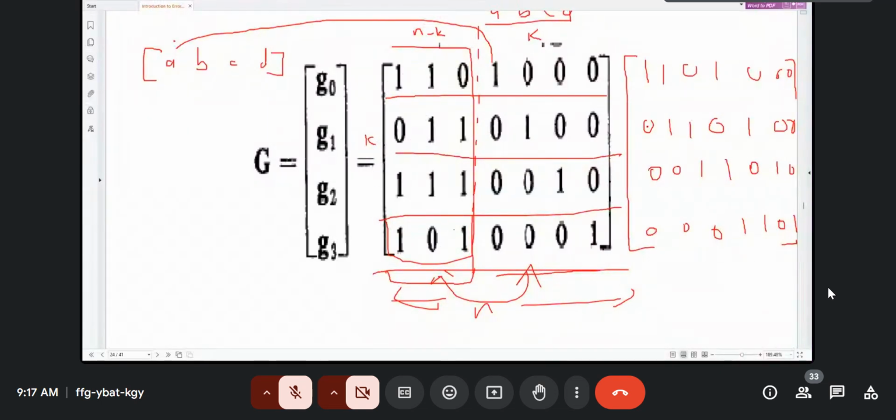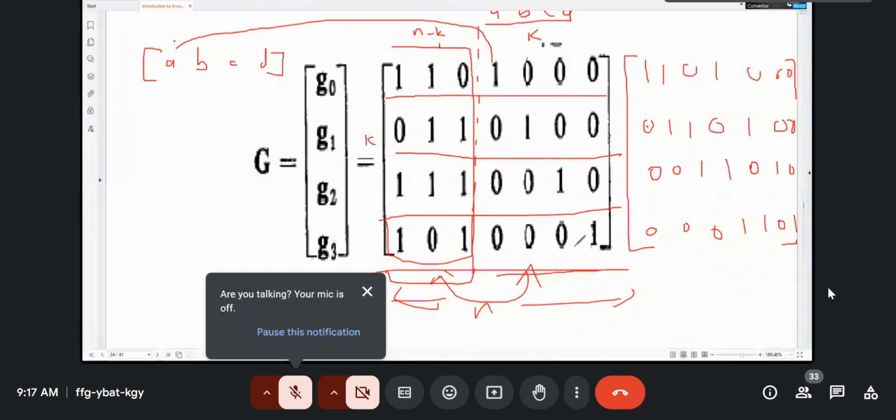Now what is important is that in this generator matrix, the rows must be linearly independent. These rows, not the columns, the rows. Linear independence means you cannot get any row by combining any other rows.